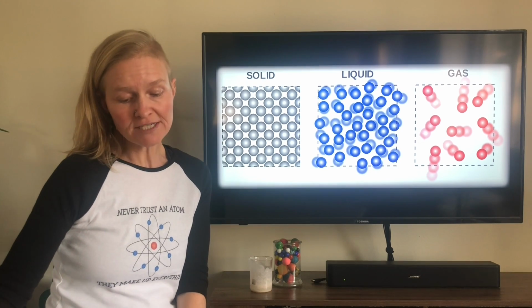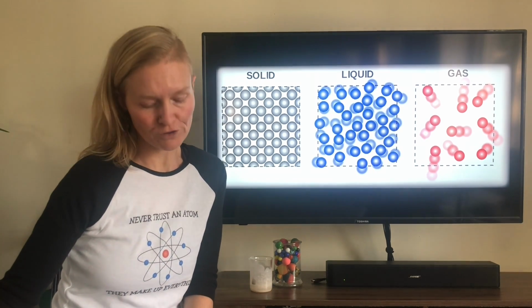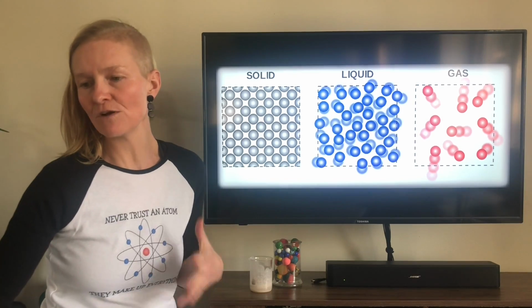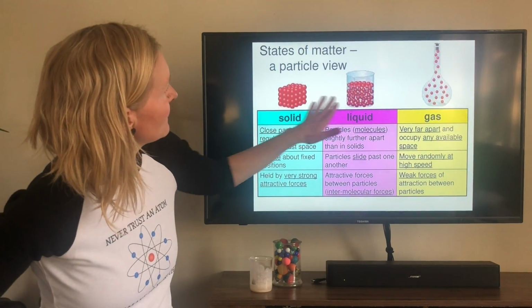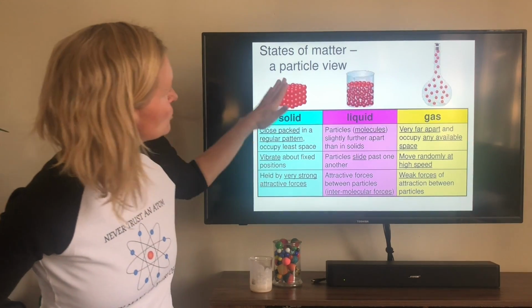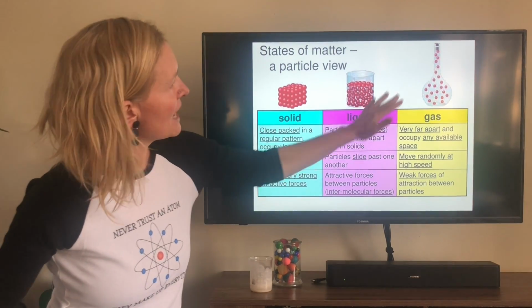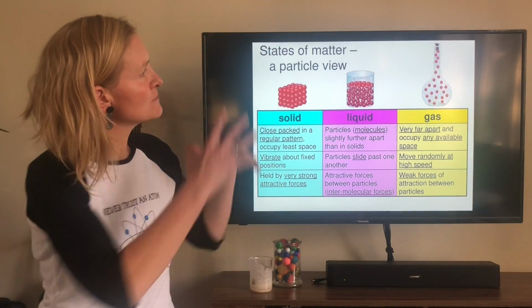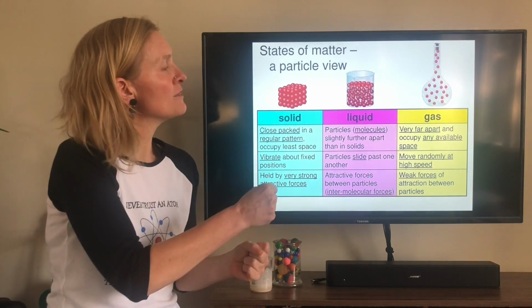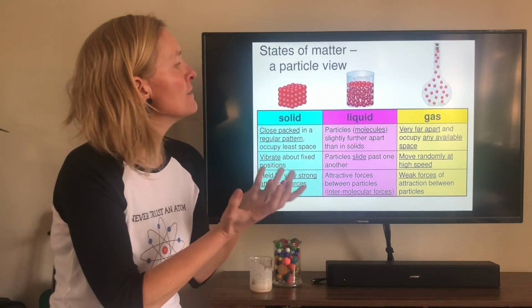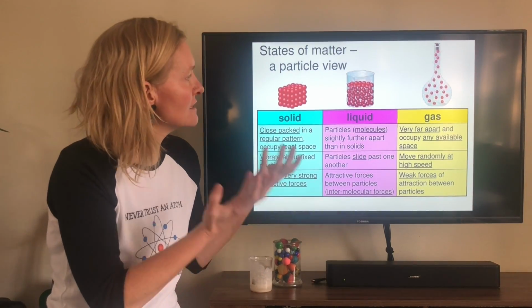Gases do not have definite shape or volume, and they tend to spread out more. So here we have, again, the picture of solids, liquids, and gases. So the gases put into a container will want to escape the container unless there's a cap or somehow they're enclosed in that container.